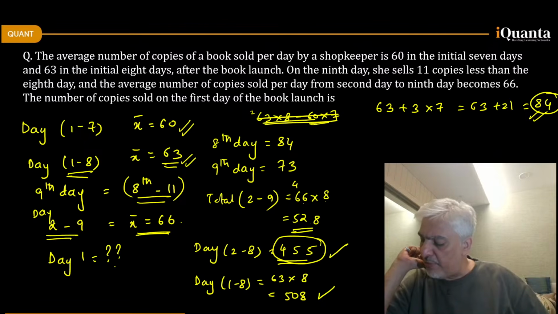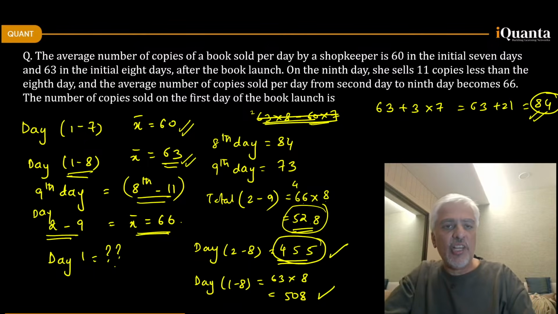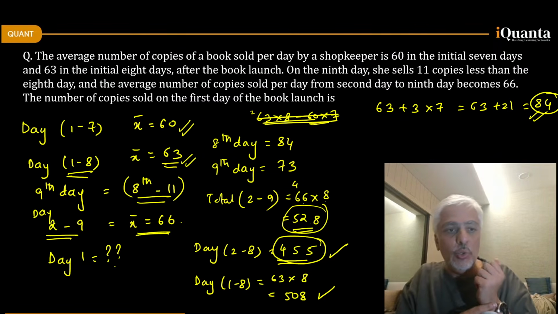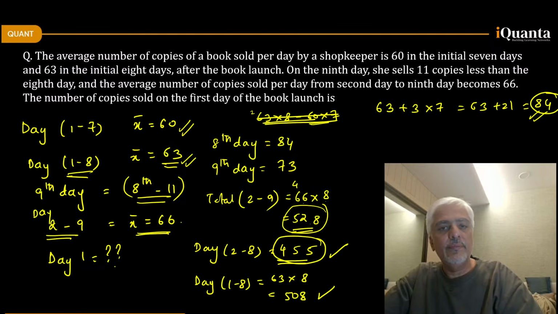I'll explain one more time, but let me first check for my calculation error. 8 6s are 48, 4, 48, 52. This is right. Just checking my calculations once. Oh, this was day 2 to 8. No, it was 2 to 9. My bad. I got my mistake. 66, which is given, 66 8s, yes, 528.